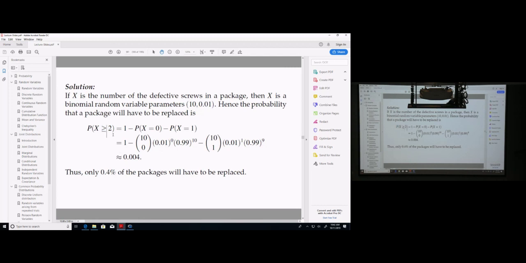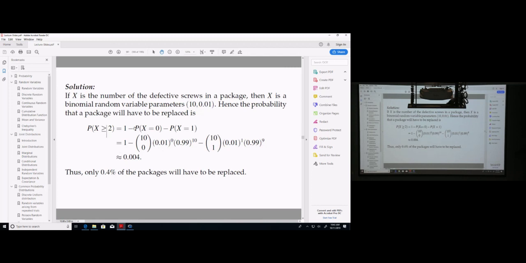Now, you can calculate this probability head-on. If you use your handheld calculator, you have to calculate X equal to 2, X equal to 3, all the way to X equal to 10. So you have altogether 9 numbers to compute. And for each one, you have to press the combinatorial button and then some power buttons, so it's quite a number of buttons to press.